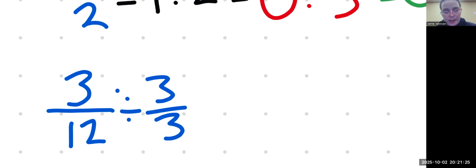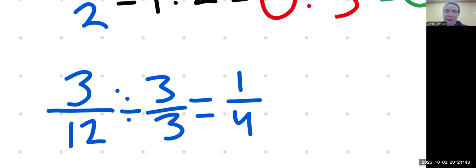And just like dimensional analysis, I'm not changing the value of 3 inches out of a foot of 12 inches. I'm just changing the way the numbers are presented. So 3 divided by 3 is 1, 12 divided by 3 is 4.